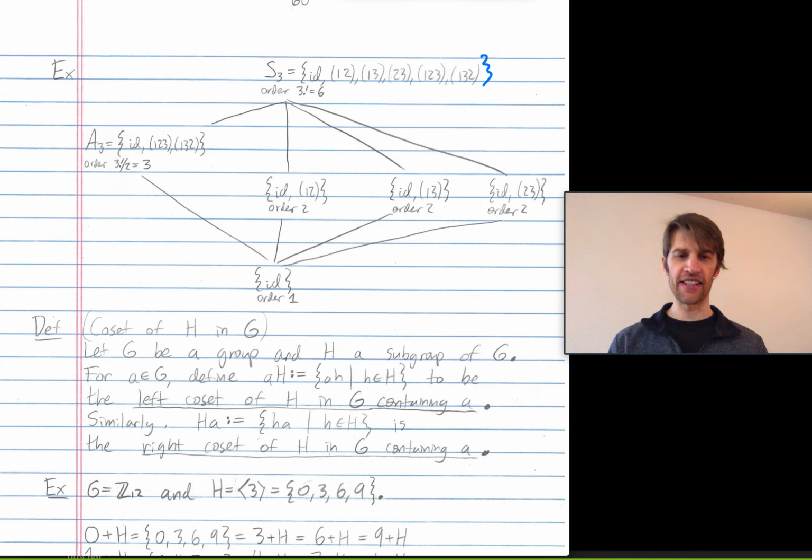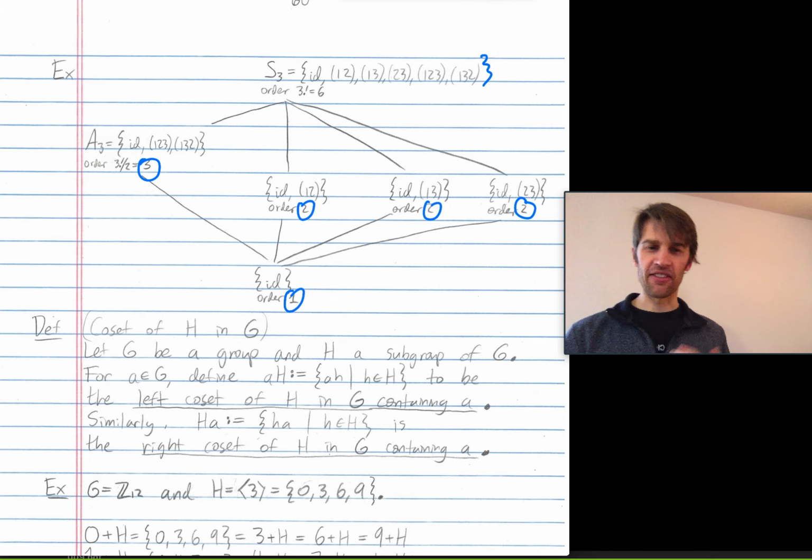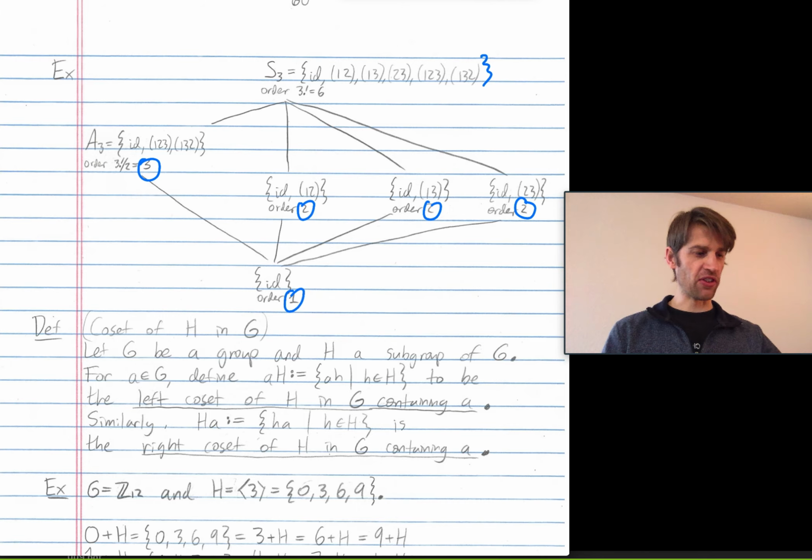And it has the trivial subgroup consisting only of the identity. So again, let's look at the sizes of the subgroups. The subgroups have sizes 3, 2, 2, 2, and 1. And 3, 2, and 1 are all divisors of the size of the larger group, 6.